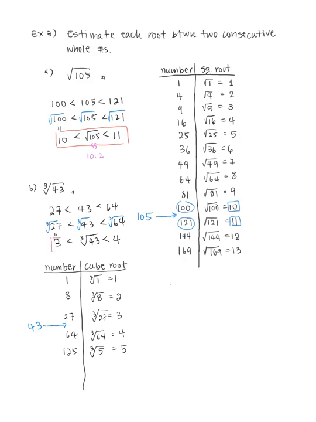So this is what the question's asking you to find. Now, if you type this in the calculator, this is going to give us approximately 3.5, which lies between 3 and 4, so it makes sense.